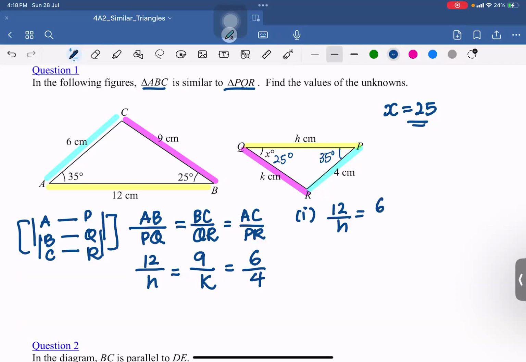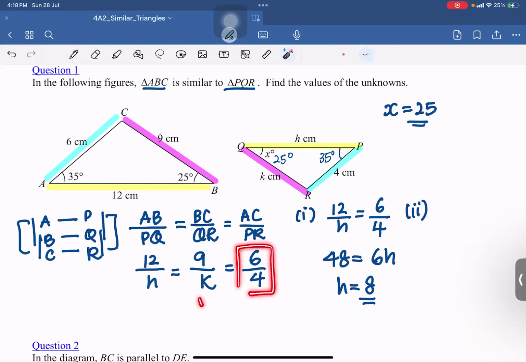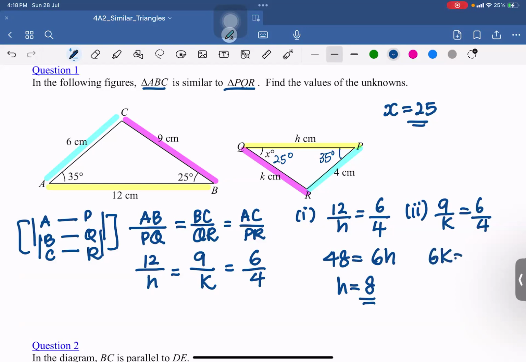So I'll equate this to 6 over 4, then we cross multiply to find the answer, and divide by 6 to find the value for H. Then we look at the second pair of ratio. Again, I know this is given, so I'll use 9 over K with 6 over 4. Cross multiply, 6K equals 36. K will be equal to 6.